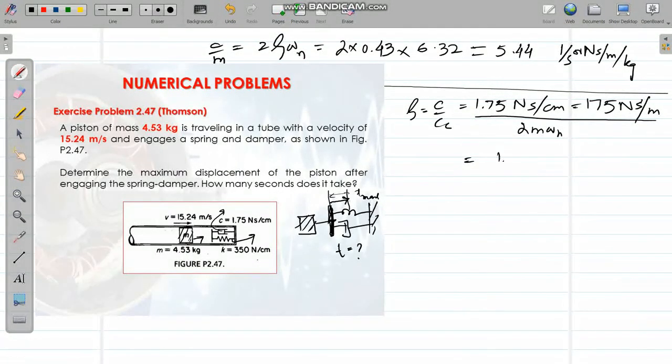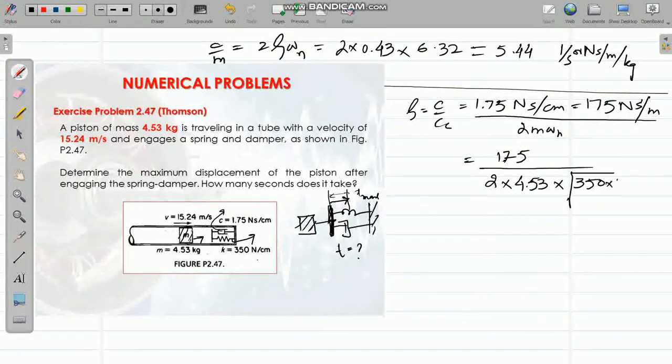Now this is 175 divided by 2 into the mass, which is 4.53 kg, into omega n, which is under root k over m, and k here is 350 Newton per centimeter, which is 350 into 10 power 2 Newton per meter, divided by m, which is 4.53 kg.